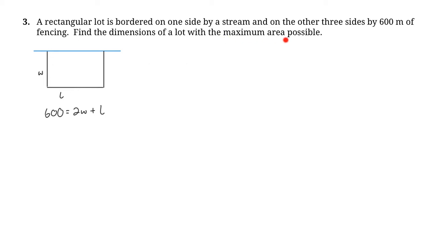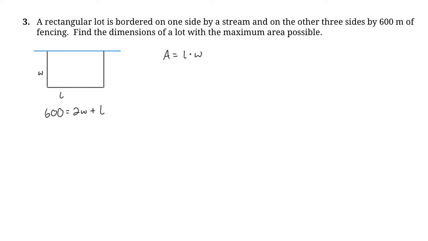We're maximizing the area. So we want our y value, that maximum, to be area. And we know that area is just equal to length times width. So area is the thing we're trying to maximize. It's like our y value. And we have 2 other variables here, L and W, but we only want to work with 1. So how can we get rid of one of the other variables?